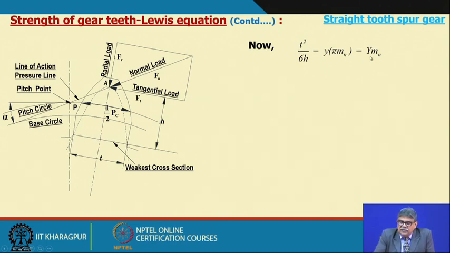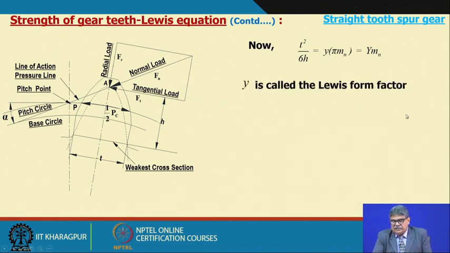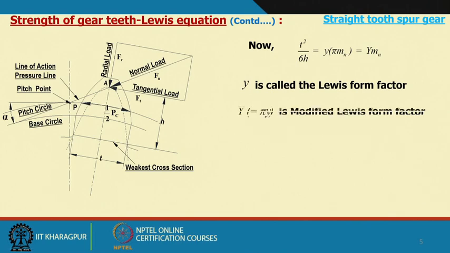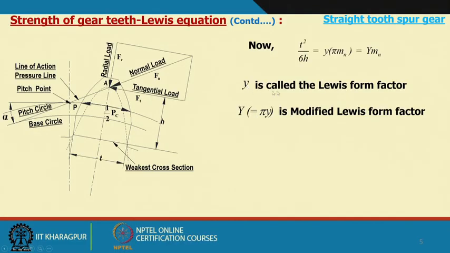This can be further modified to capital Y into m n. Here small y is called the Lewis form factor, whereas capital Y, which is pi into small y, is called the modified Lewis form factor. Lewis is an engineer who found out all such dimensions, and he proposed this factor, that is why it is called the Lewis form factor.